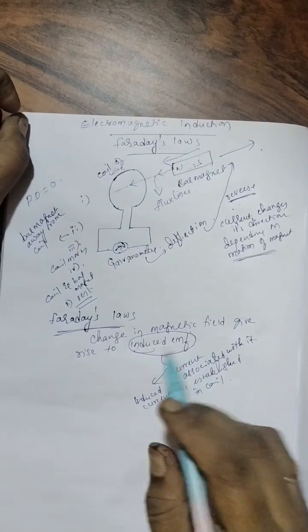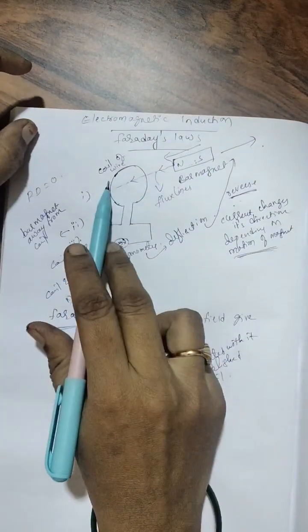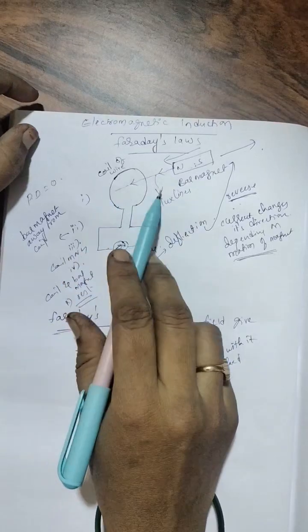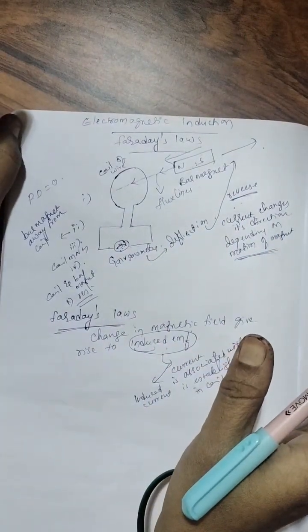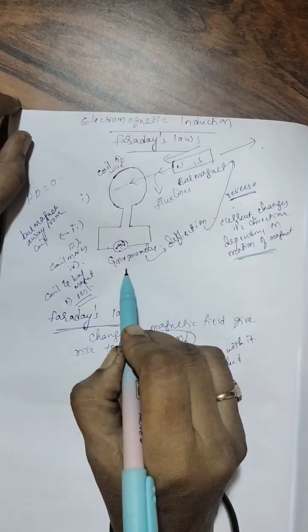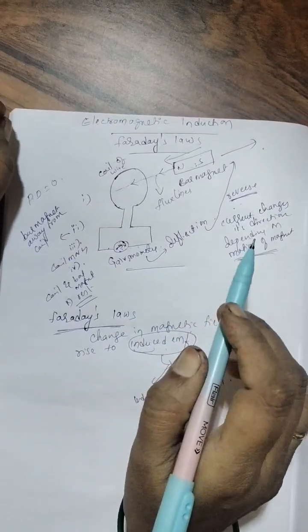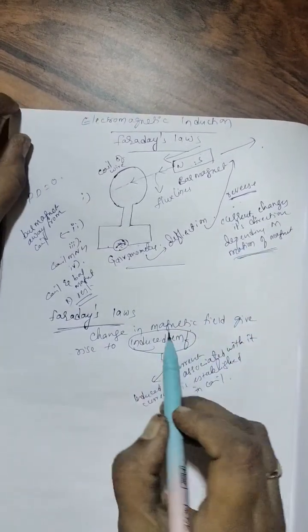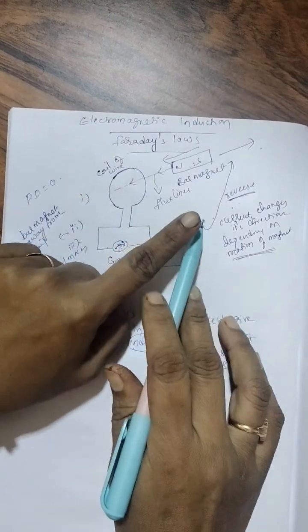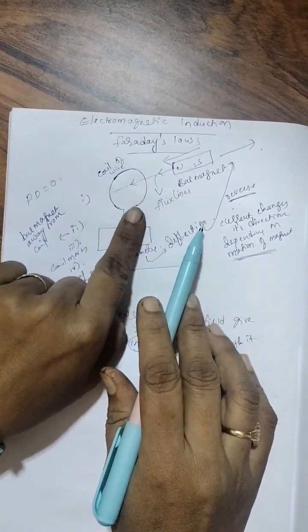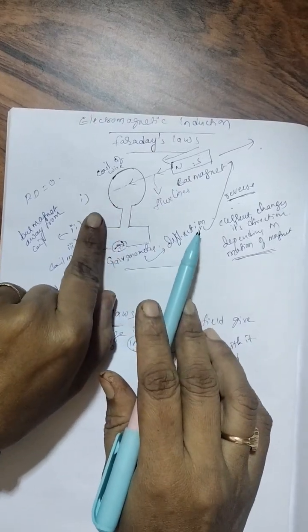EMF means the difference in potential between the ends of this coil. So this experiment clearly proved that the motion of a magnet towards the coil, or motion of the coil towards the magnet, establishes the induced current.